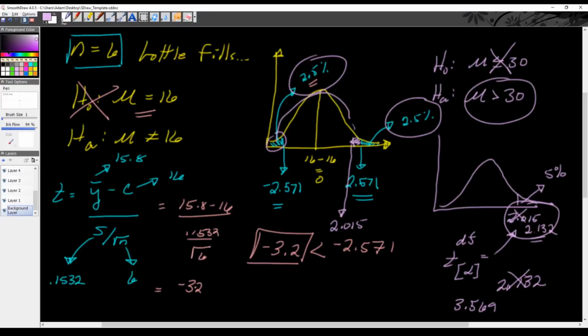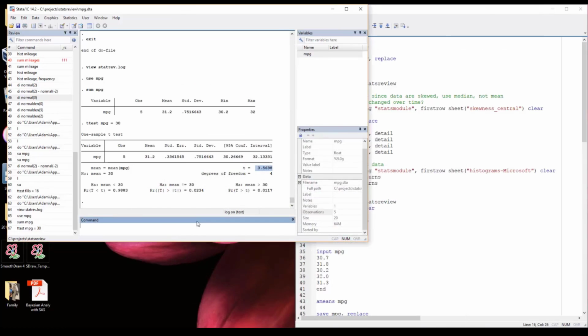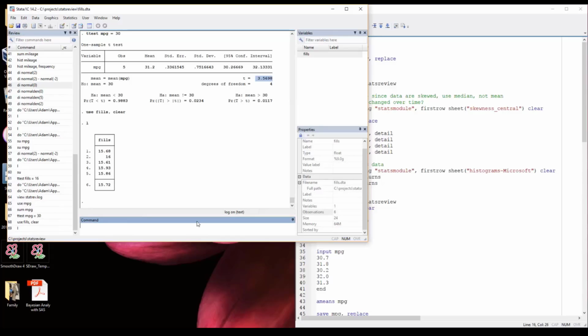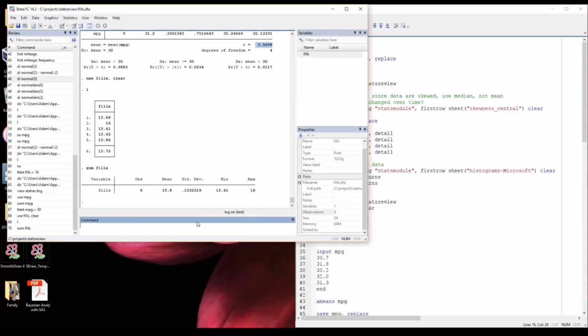You can also include in the alternative hypothesis that mu, the true value, is less than some hypothesized value. Again, this is something that you can do in Stata fairly easily. We're going to use Phil's, clear, list. And I'm going to summarize Phil's, and it's 15.8.